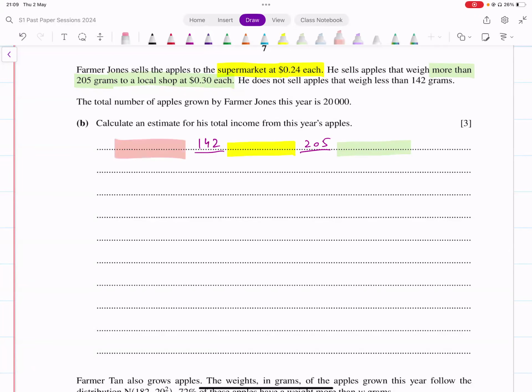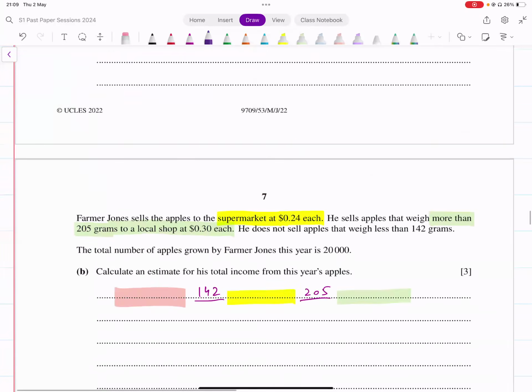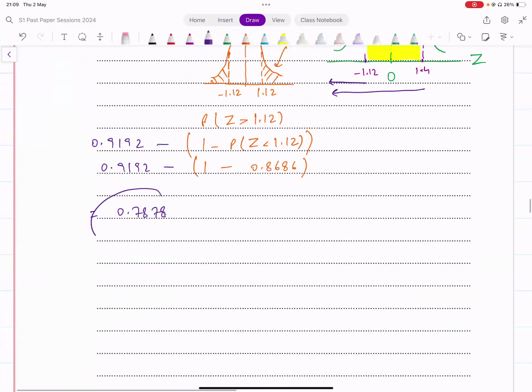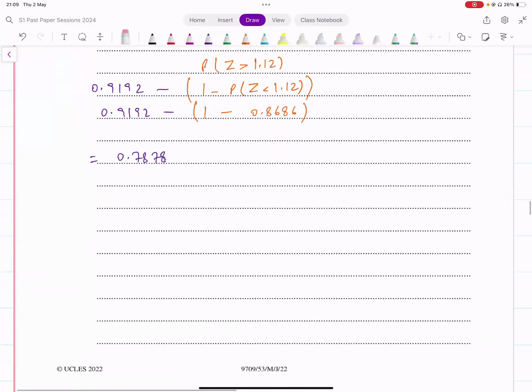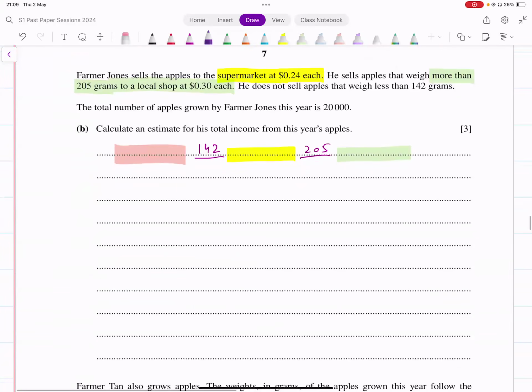Do we know the proportion of apples in each of these regions? We know the proportion for the middle region. We know the probability of an apple falling in the middle region, that's 0.7878. So the probability of being in the middle region is 0.7878.